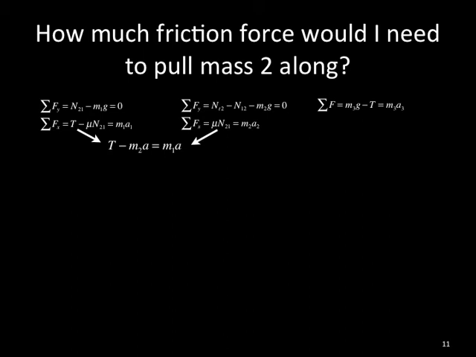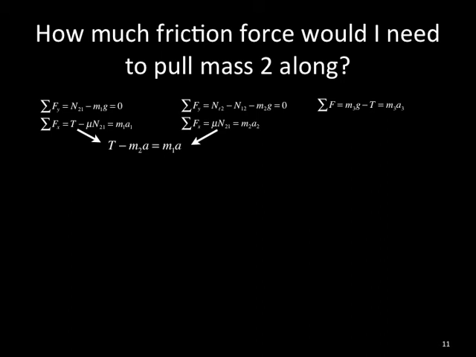So I can combine these equations, basically take the fact that mu n21 equals m2a2, and plug that into the equation that I had for mass 1, and get a new equation that T minus m2a equals m1a.